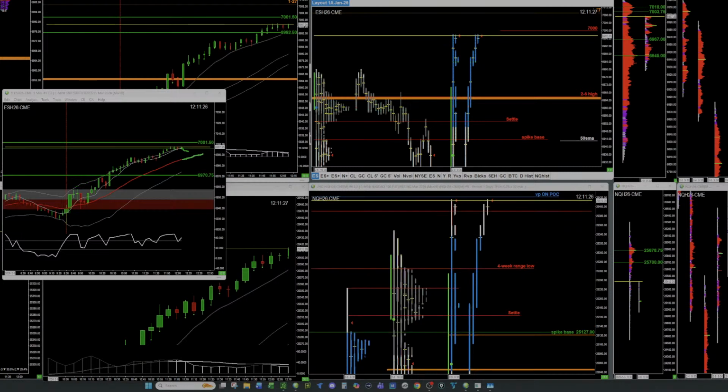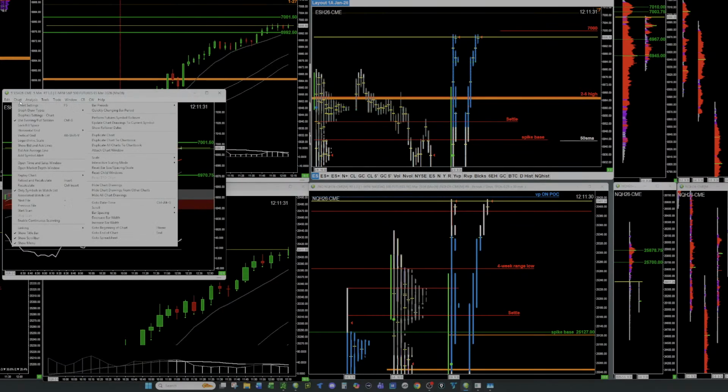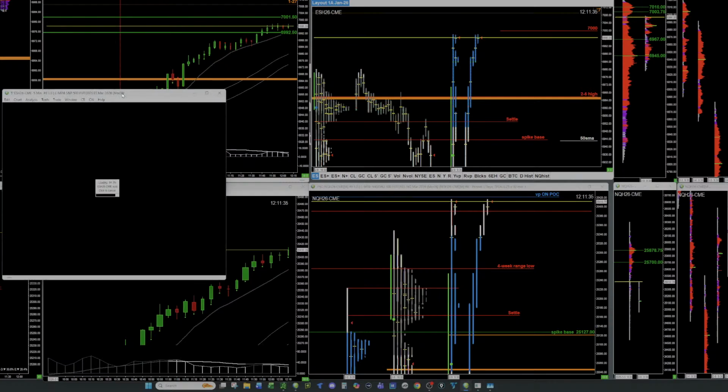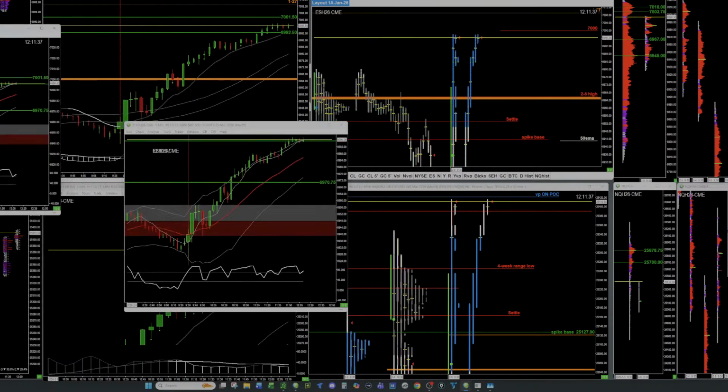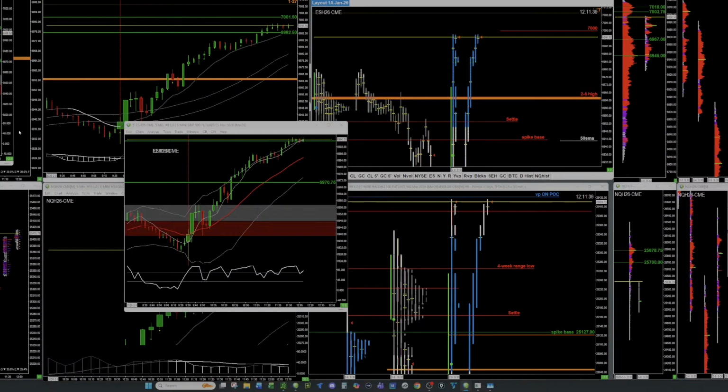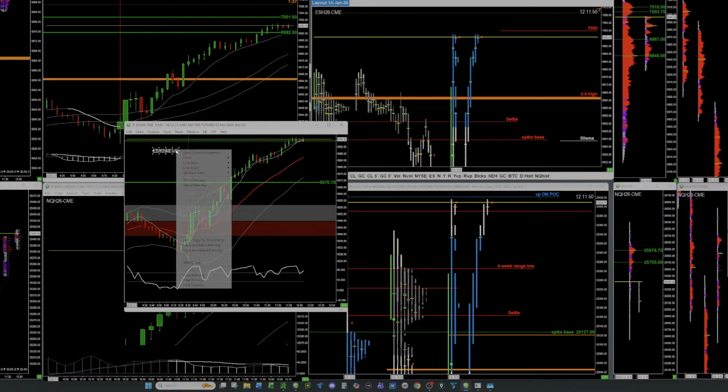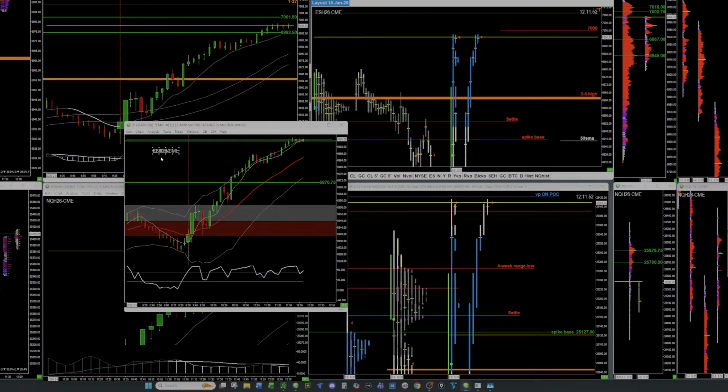Let's do something here. Let's duplicate this chart and duplicate this chart. I'm going to put this on the side. I don't like too much here.